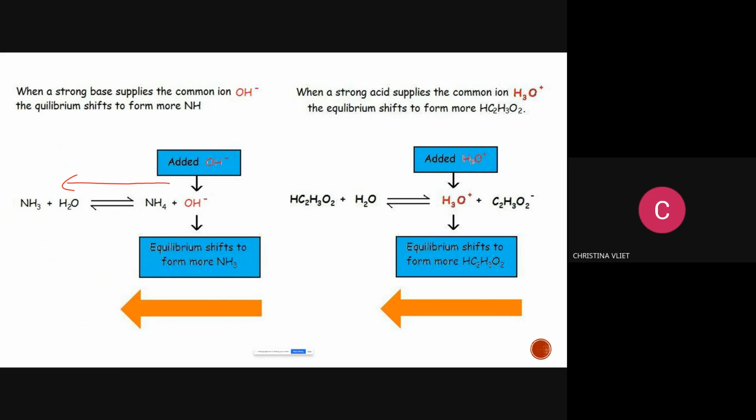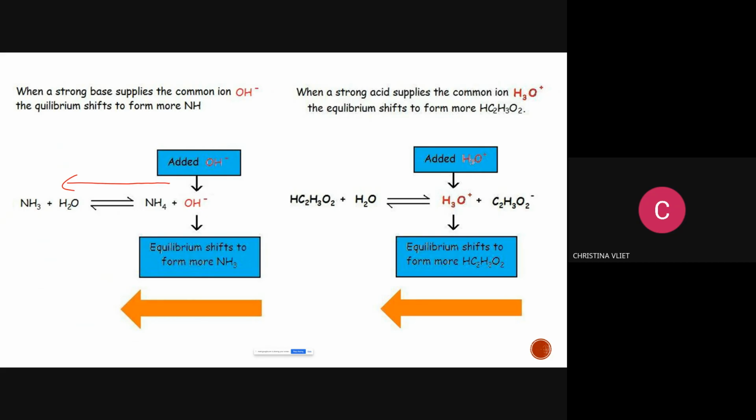So according to Le Chatelier's principle, my reaction will always shift to the opposite side of where I add additional stress. Stress could be added concentration, temperature, or pressure to either side of the reaction, but we're only talking about additional concentration.